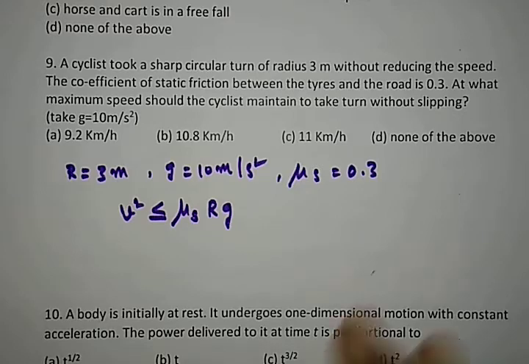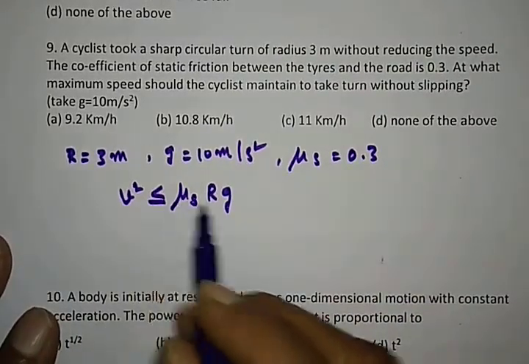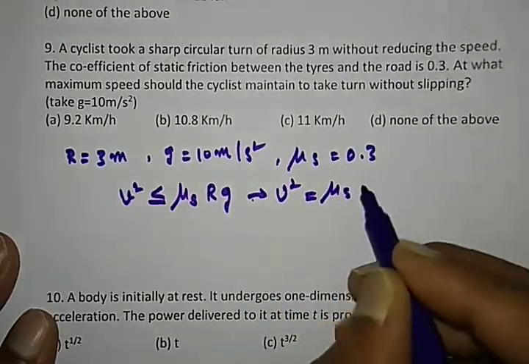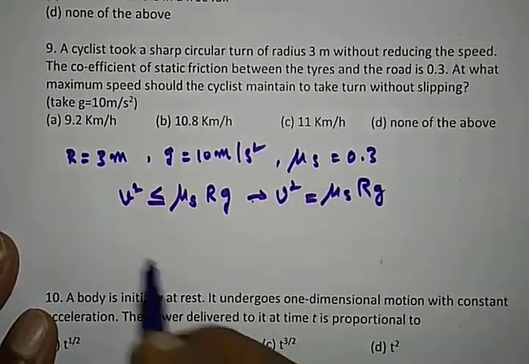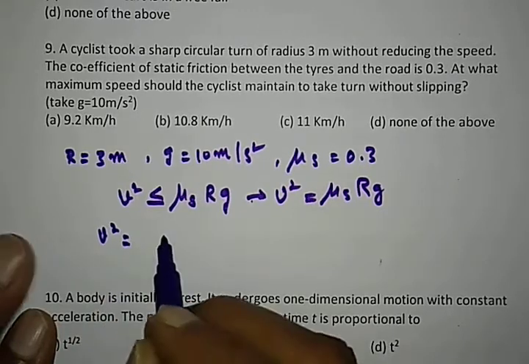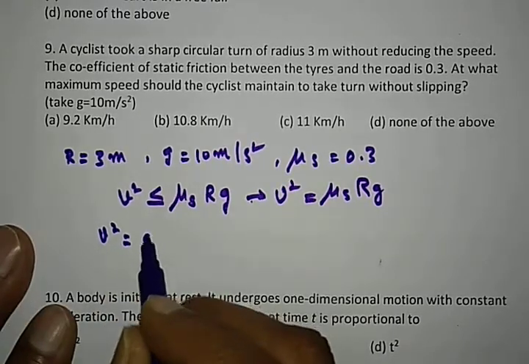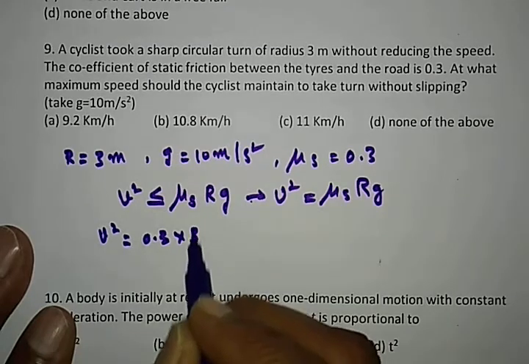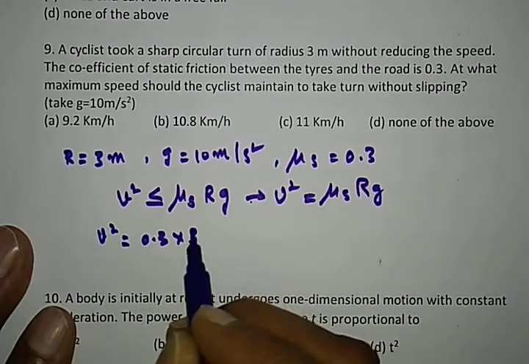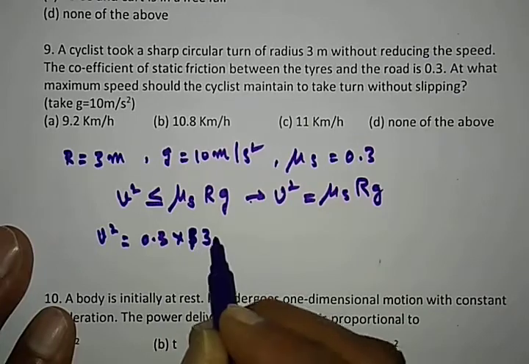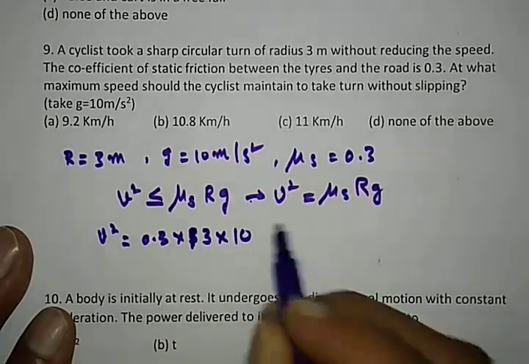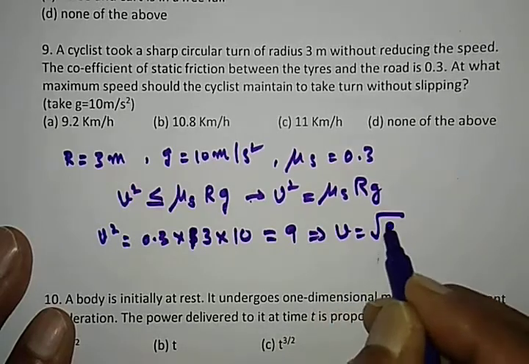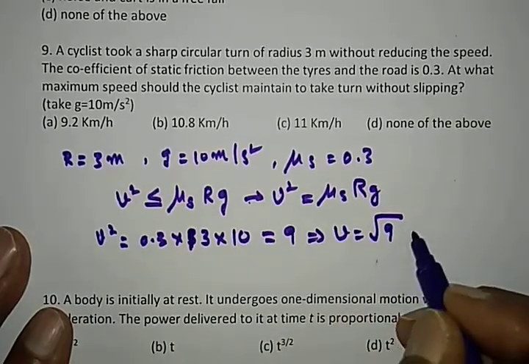Okay. So what we will do, we will remove the inequality. v squared is equal to mu_s r g. So v squared is equal to 0.3 into 3 into 10. So this will give you 9. So v is square root of 9.